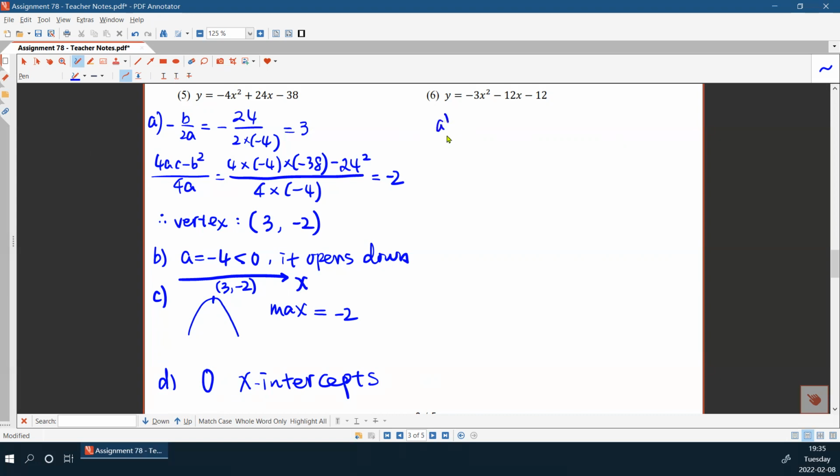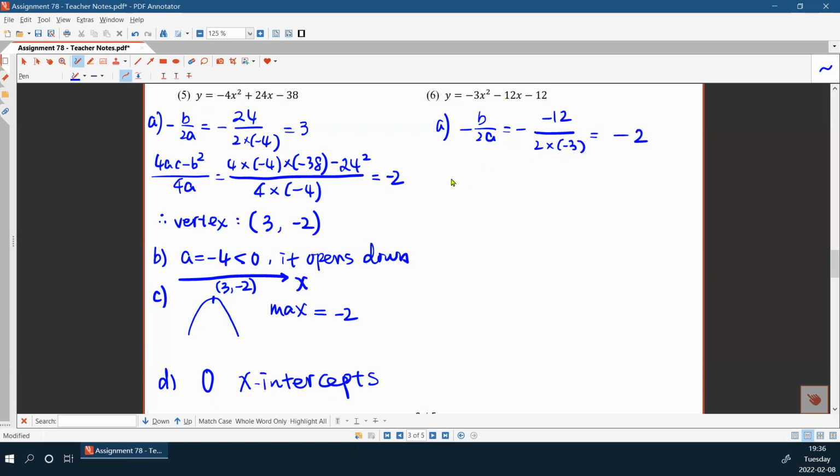Again, first of all, the vertex. Negative b is -12. 2a is 2 by -3. That's the x coordinate of the vertex, which is -2, right?